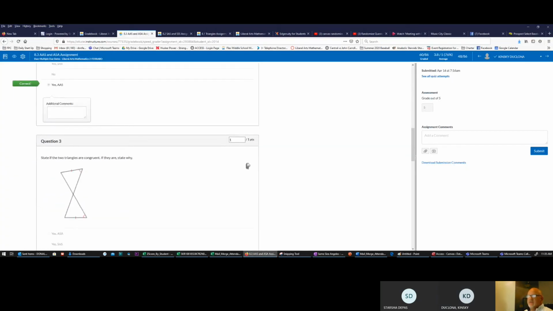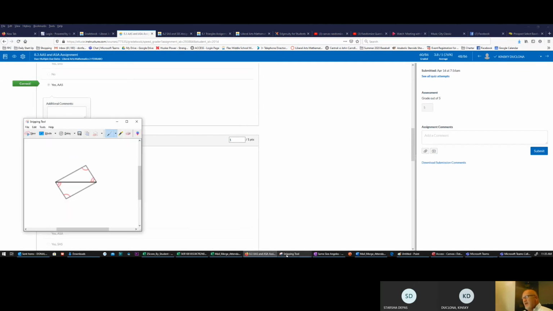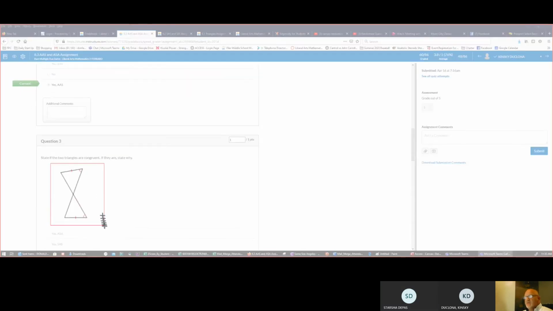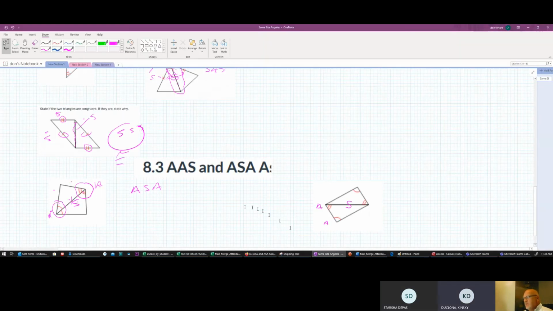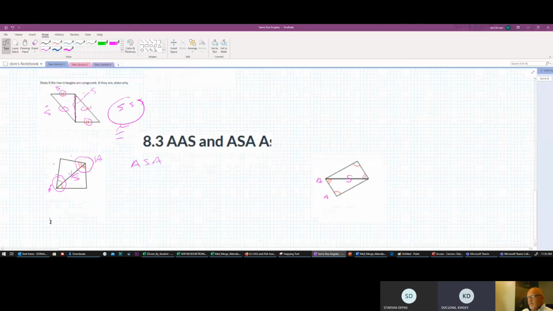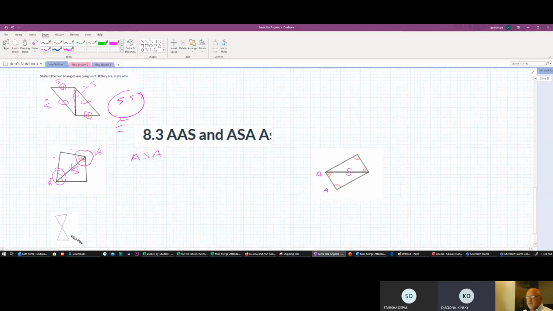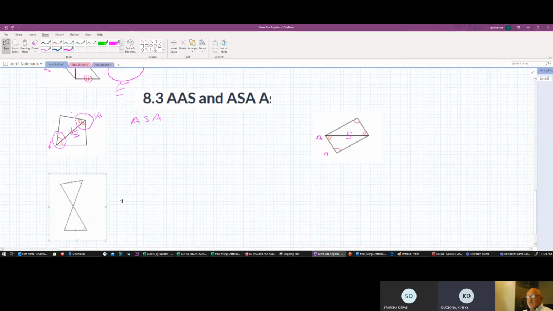This one's going to be a little bit difficult. What do we know about vertical angles? Well, these are vertical angles right here. This and this and this and this.